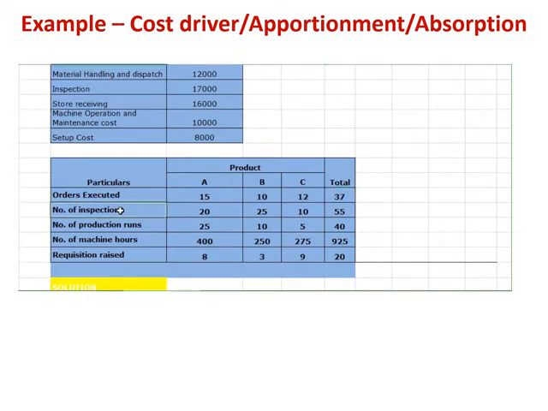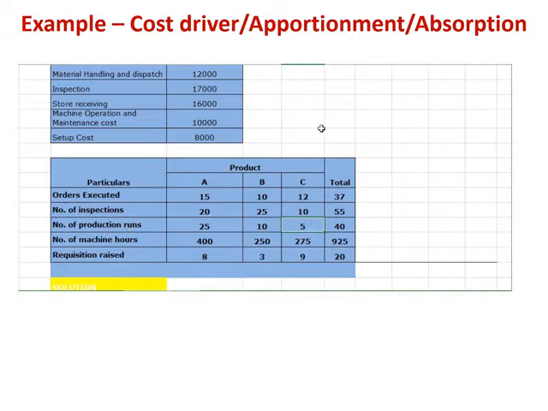Next, number of inspections. You have the inspection cost and number of inspections. It's direct. You can easily find the cost driver. They have done a total of 55 inspections: 20 of product A, 25 of product B and 10 of product C. The number of production runs are 40, and in that 25 for A, 10 for B and 5 for C. Similarly for the other particulars also they have given.